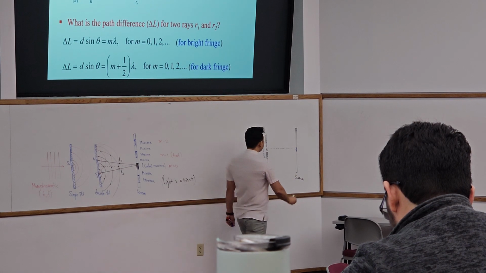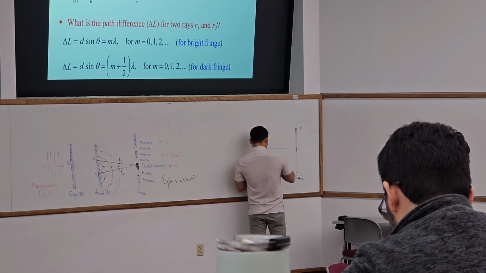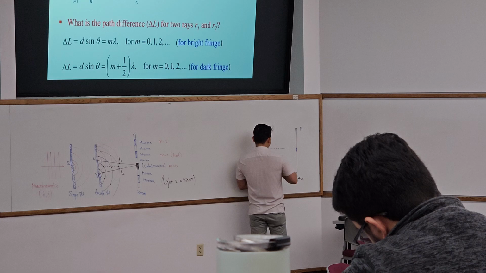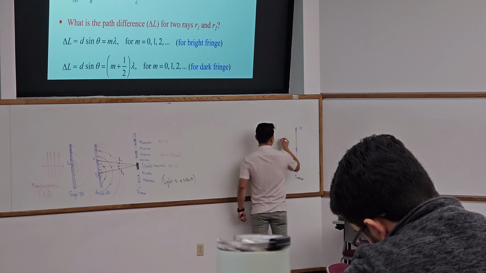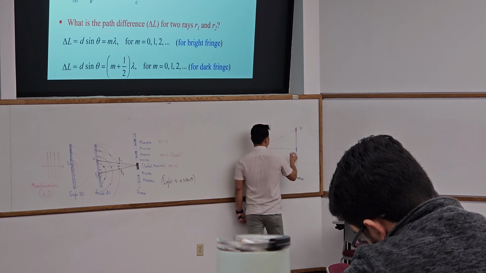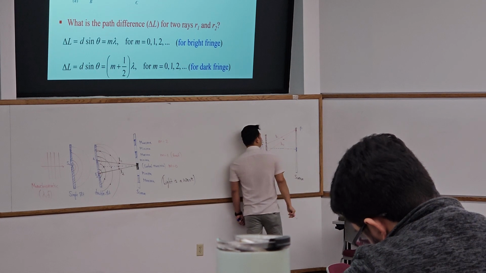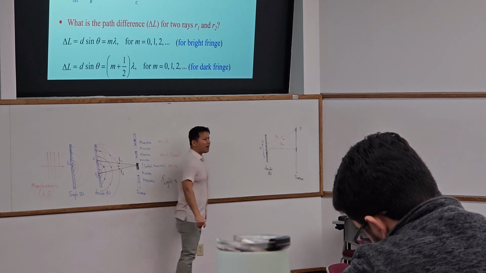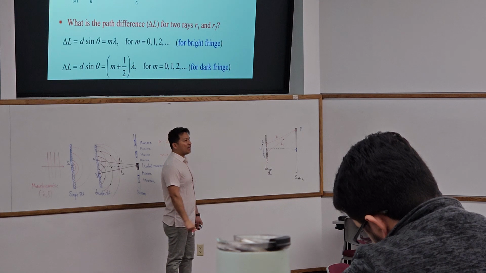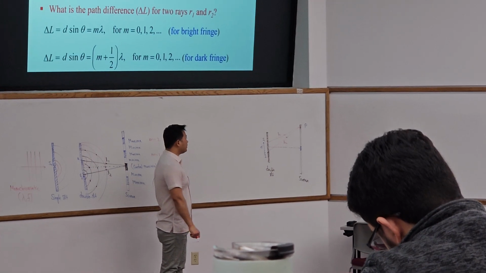Light from the sources S1 and S2 go over there. So this is a length L1, this is L2. Light from S1 and S2 travel to meet at point P.